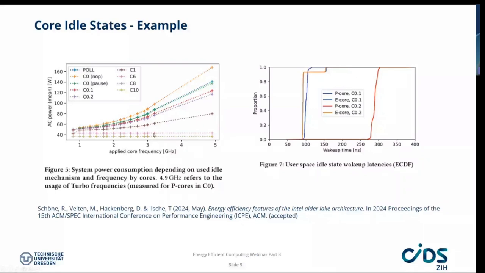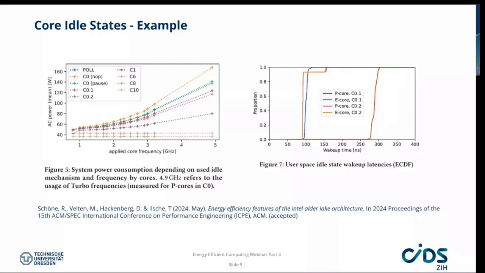Then we have the active idle states with a while loop filled with NOP operations, with pause operations, that what we see here, or poll operation that is called by the operating system when you disable C states. But you can go lower with that, with C0.1 and C0.2 states, these are the user space idle states that you can use now, if you know that you're not needing the CPU right now, you're in a busy waiting loop, and you don't want to give back the CPU to the operating system.